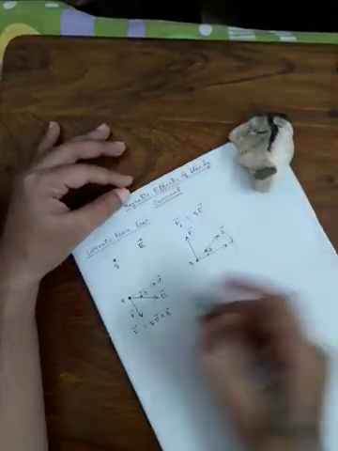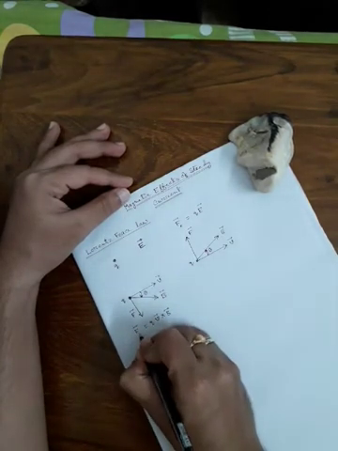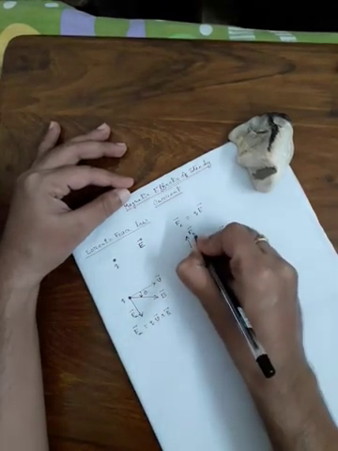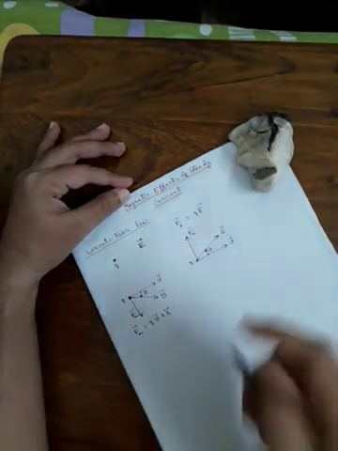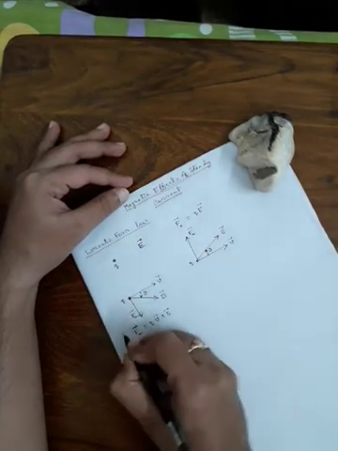Since this is a magnetic phenomenon, we denote this force F as Fm. And this is the Lorentz force law.